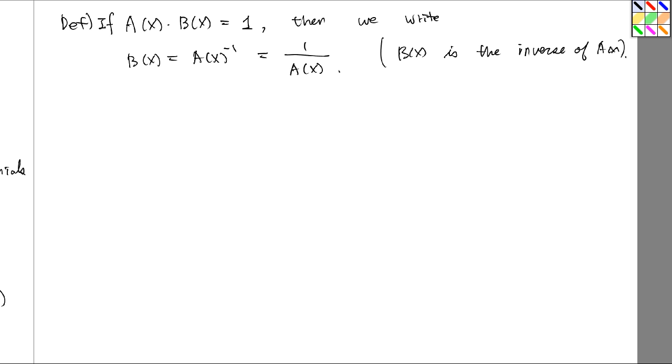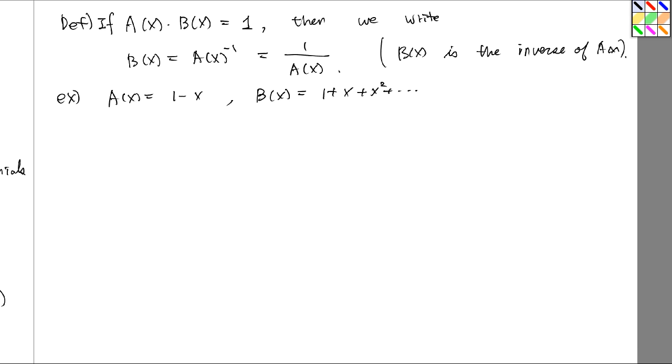So there is a very typical example for this. Let's say A(x) equals 1 minus x. A polynomial is a generating function, of course. And B(x) is 1 plus x plus x squared plus dot dot dot.